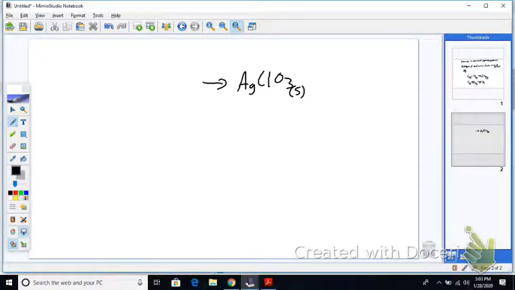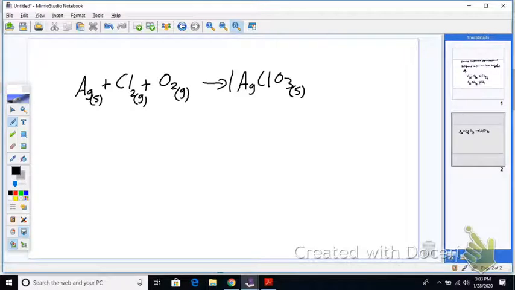Ag, a solid at room temperature, plus... we have to split everything into the individual elements. Chlorine. So how do you write chlorine? Like that? It's diatomic. You've got to write it with a 2. And then what else? Oxygen, O2. Now, this has to stay 1.